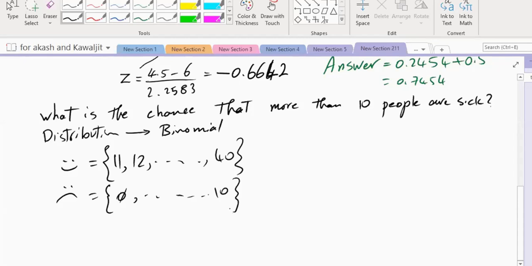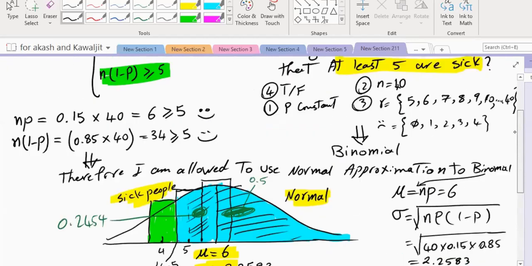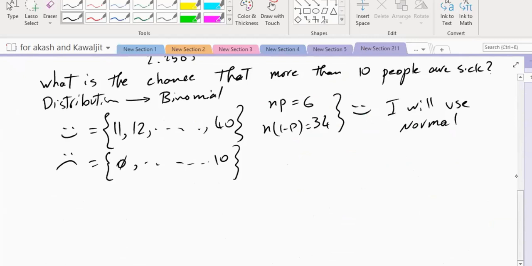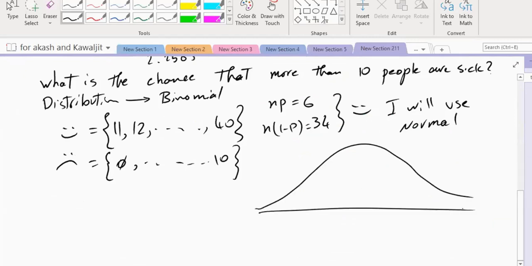So I have an incentive to switch to normal distribution, although it is binomial. NP is 6. N multiplied by 1 minus P is 34. Both conditions are satisfied. I will use normal. Although we already did it, I'm just showing you all of the steps. What kind of normal distribution am I going to use?